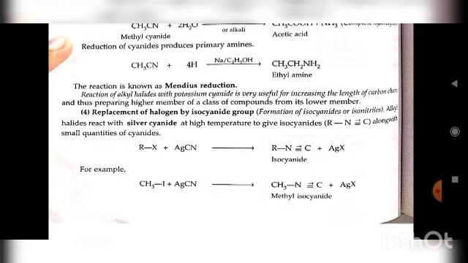Replacement of halogen by isocyanide group. Formation of isocyanides or isonitriles. Alkyl halides react with silver cyanide at higher temperatures to give isocyanides along with small quantities of cyanides. For example, CH3I plus AgCN gives methyl isocyanide and AgI.